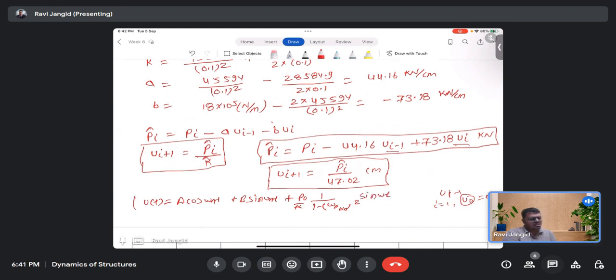Then apply the initial conditions, you will get your solution. This is for the undamped. For the damped, you need to multiply e raised to power minus xi omega n t, like that, for the free vibration kind of thing.